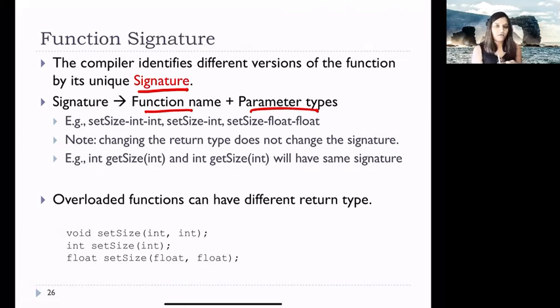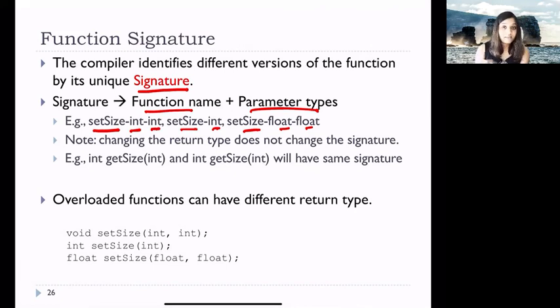Combining these two things, we can make a unique signature for each overloaded function. So for the Rectangle class, the setSize function that we overloaded can have a signature like setSize, that's the function name, int. This is a unique signature. setSize int, that's a unique signature. setSize float, that's a unique signature. That's how the compiler is going to refer to that overloaded function.